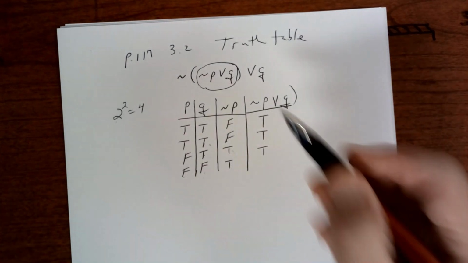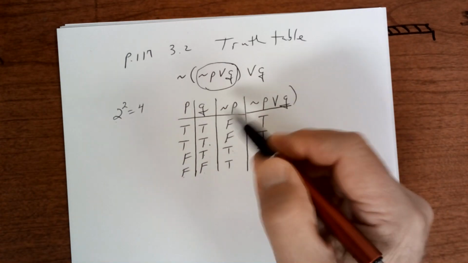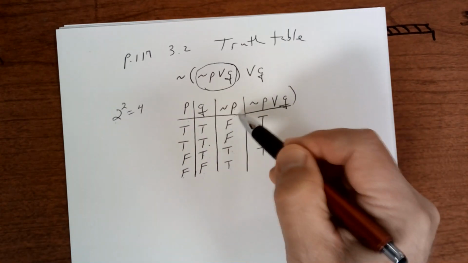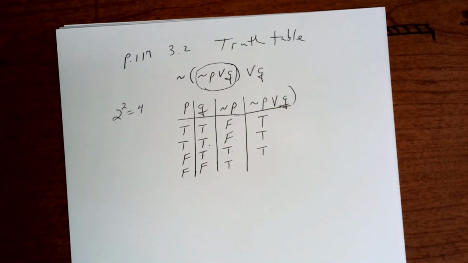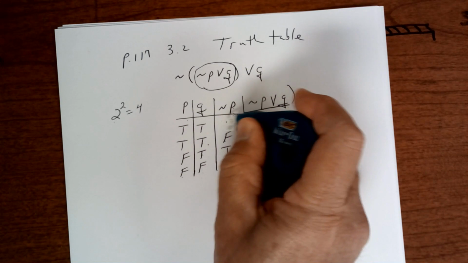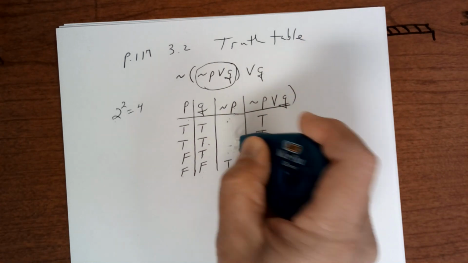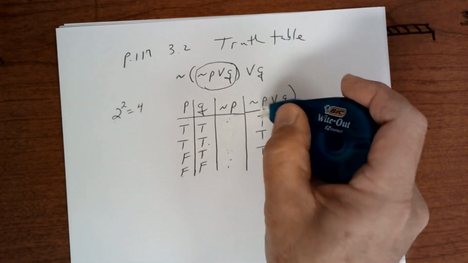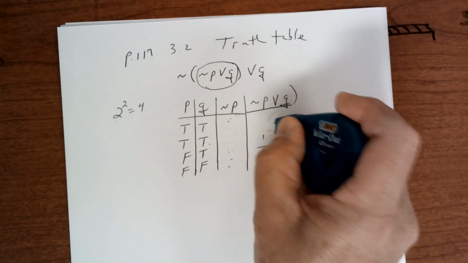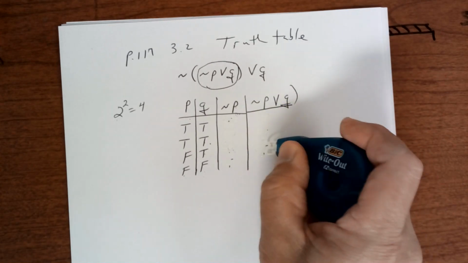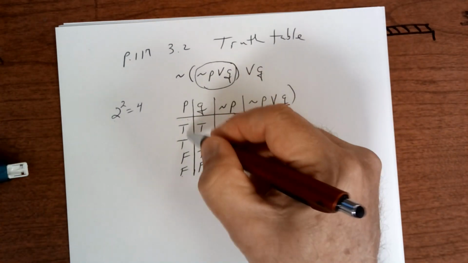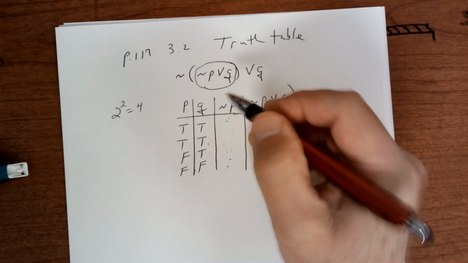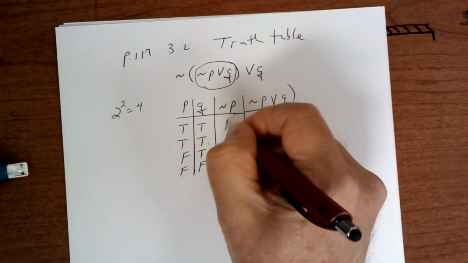Okay, so let me see. Not P, and I think I ended up doing not Q. Okay, so let me back up. Let's try it again. We want it not P. We want it this one. Okay? So not P would be, this one would be false.